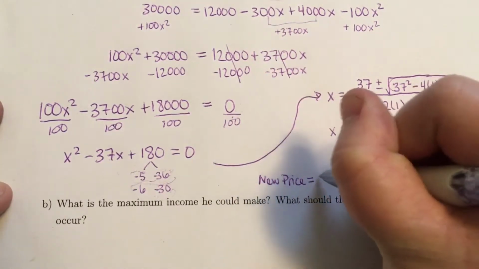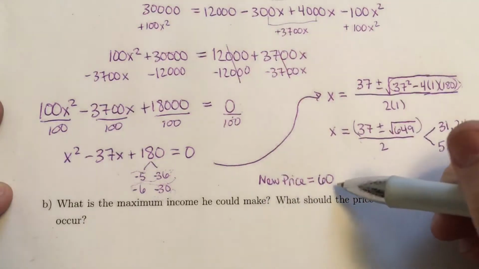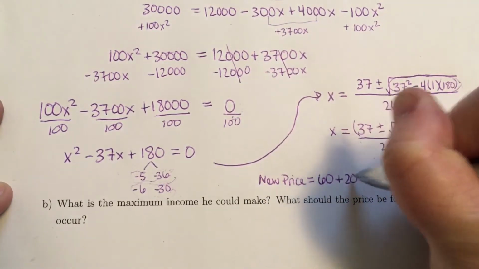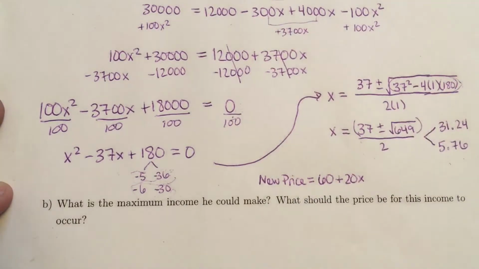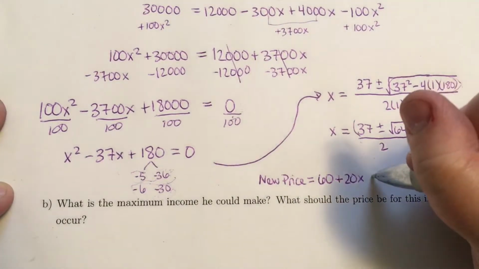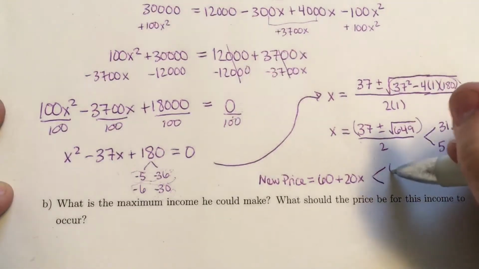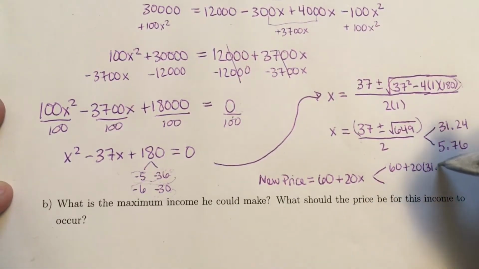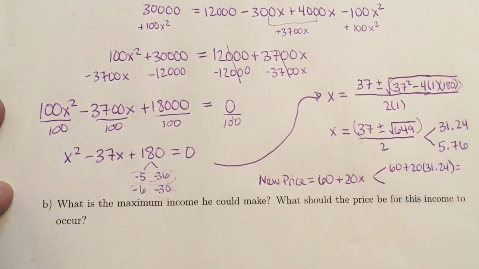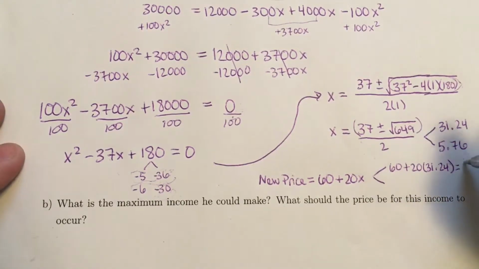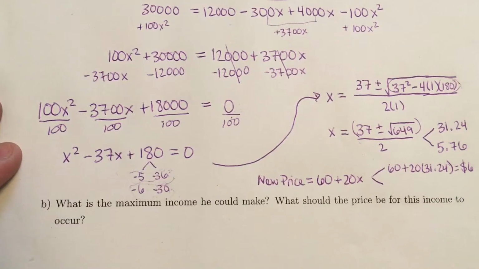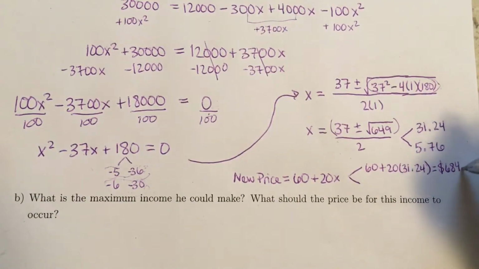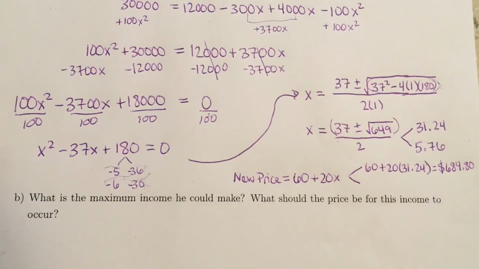And the price is the $60, the original price we've been selling for these paintings, then plus how many $20 increases. So we have two options depending on what our x is. So it could be 60 plus 20 times 31.24, which when I put that in a calculator, I got 684.80.